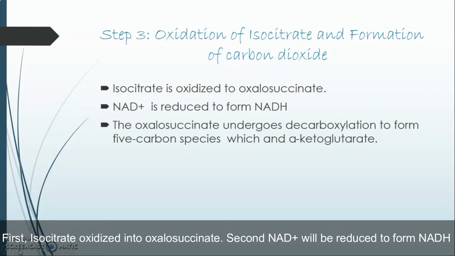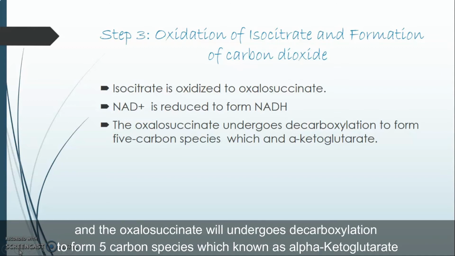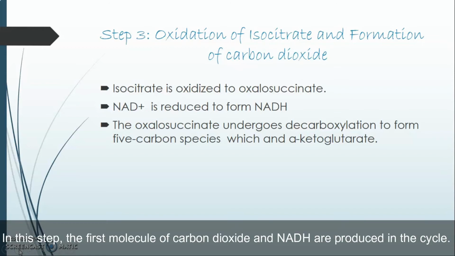Second, NAD+ will be reduced to form NADH and the oxalosuccinate will undergo decarboxylation to form a 5 carbon species known as alpha ketoglutarate. In this step, the first molecule of carbon dioxide and NADH are produced in the cycle.